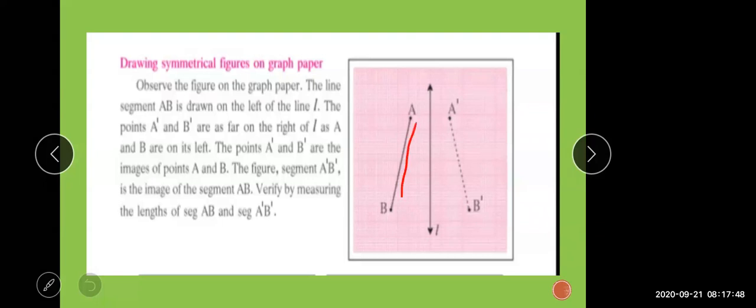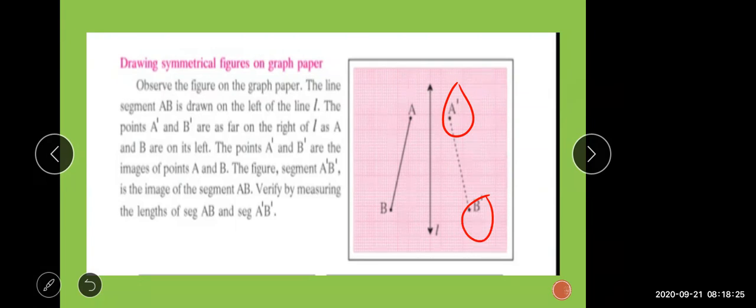This line segment AB is drawn on the left side of line L. The point A1 and point B1 are as far on the right of L as A and B are on its left. मतलब जितने दूर पॉइंट A और B हैं उतने ही दूर राइट साइड में पॉइंट A1 और पॉइंट B1 हैं। सेम डिस्टेंस है दोनों में। जितना लेफ्ट साइड में A और B है उतना ही राइट साइड में A1 और B1 है.